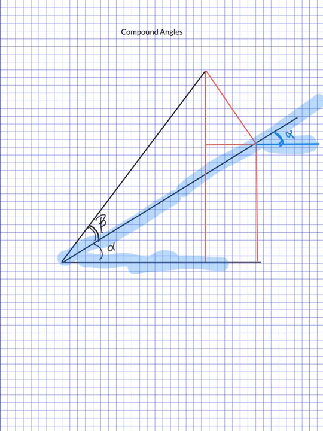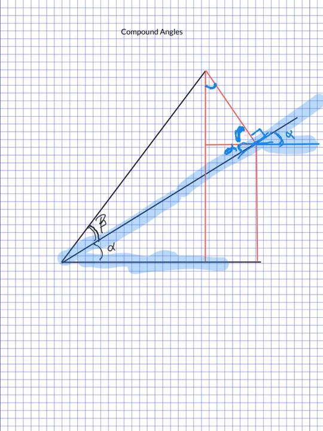And so that means that this angle right here is also alpha, because these are just two lines forming an X pattern, so this is alpha as well. Since I drew this red line to the black line as a 90-degree angle, this angle plus alpha equals 90, but also this angle plus this angle equals 90.